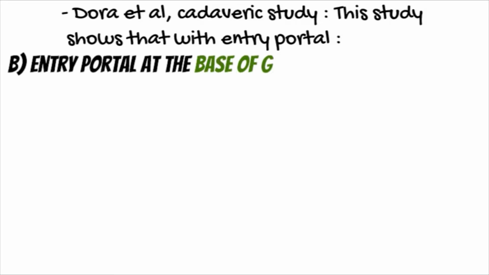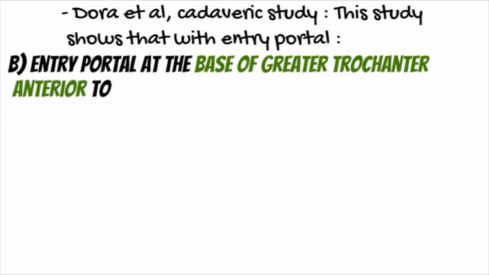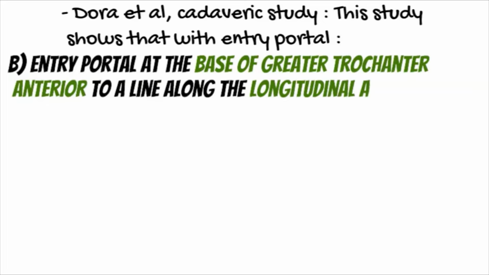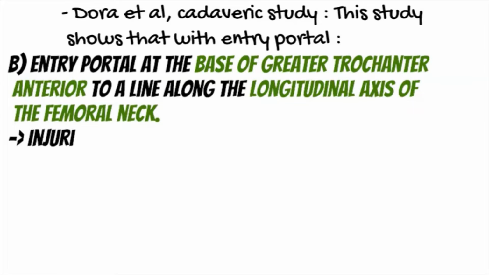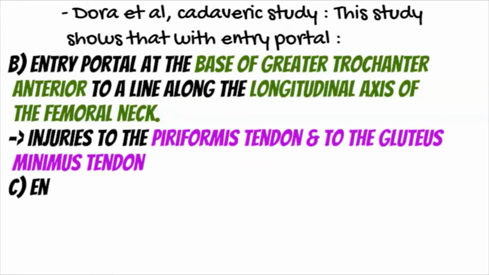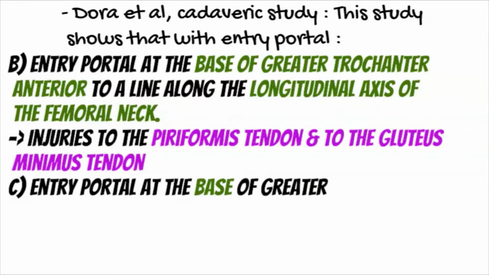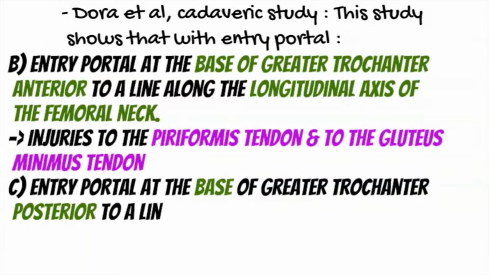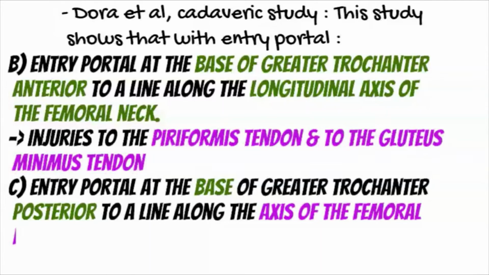For B, an entry portal at the base of the greater trochanter, anterior, to align along the longitudinal axis of the femoral neck, will cause injuries to the piriformis tendon and to the gluteus minimus tendon.